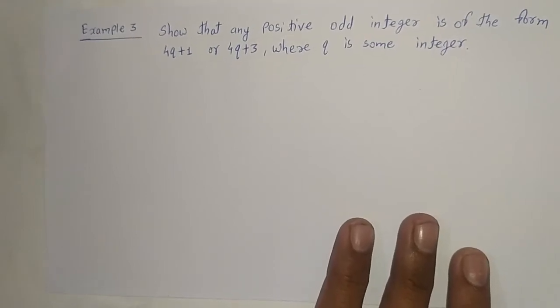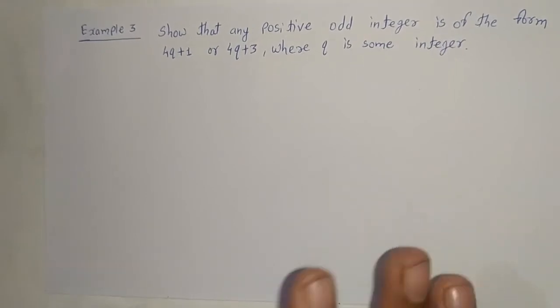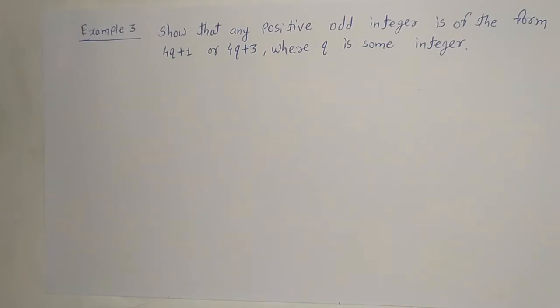Example 3 says show that any positive odd integer is of the form 4q plus 1 or 4q plus 3, where q is some integer. So in this example we have to show that any positive odd integer has the form of 4q plus 1 or 4q plus 3.